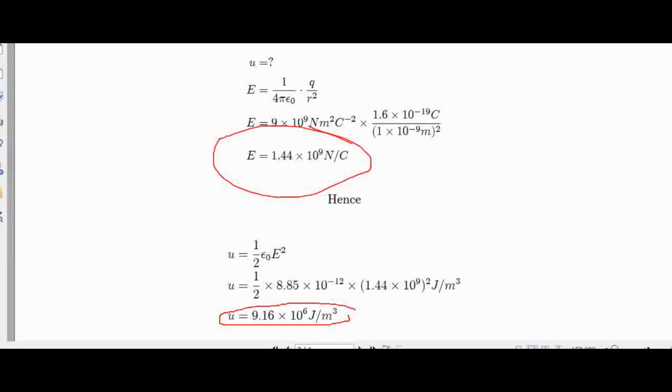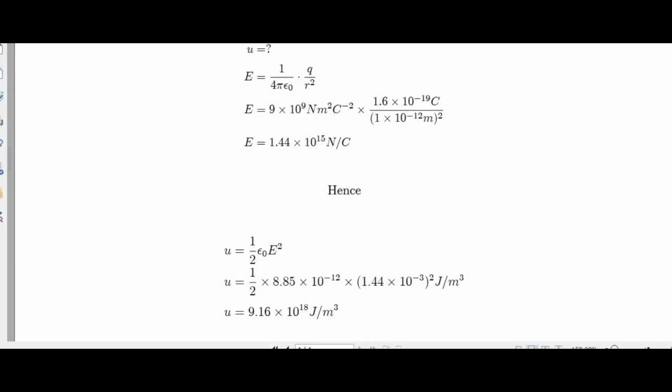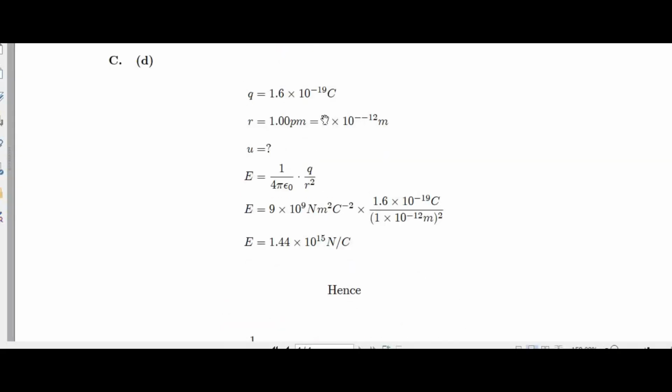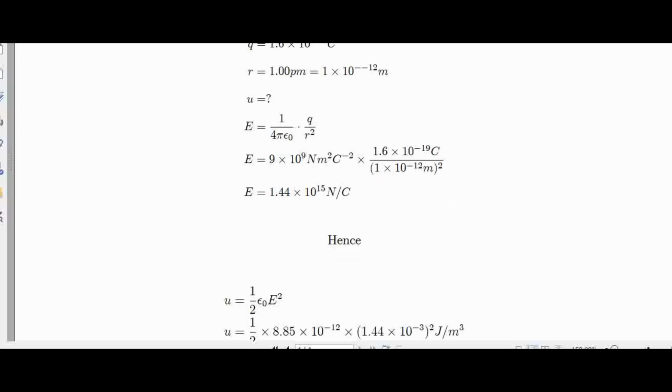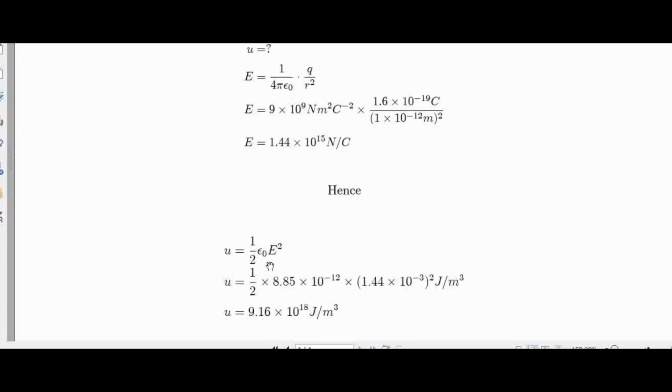Next, in part D, if the distance is 1 picometer, pico means 10 raised to power minus 12. Therefore, we will use minus 12 here. R is 1 × 10⁻¹². So E comes out to be, in this case, 1.44 × 10¹⁵ Newton per coulomb. So we plug in this value in the formula for the energy density, 1 over 2 epsilon naught E square.